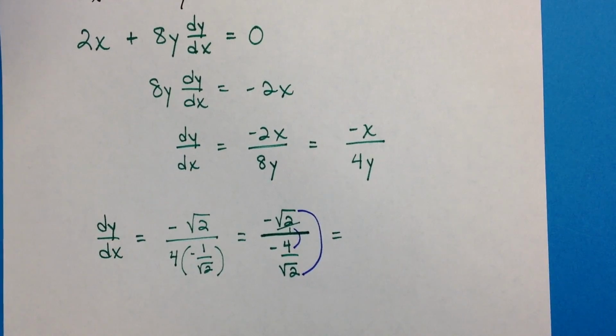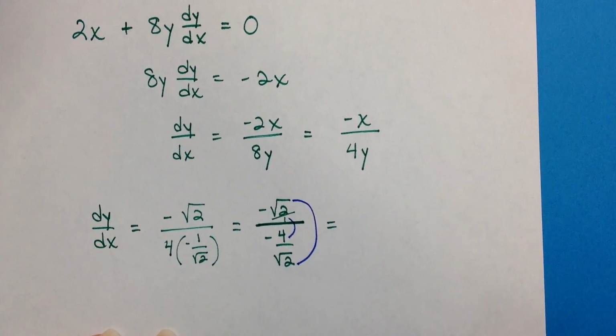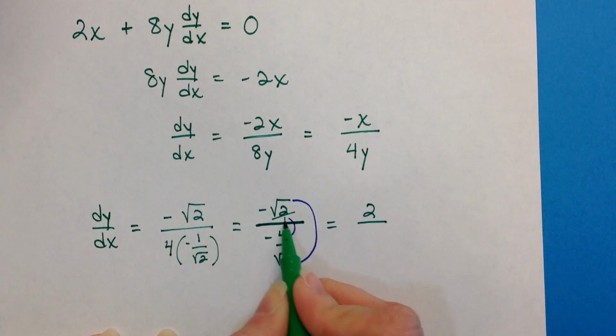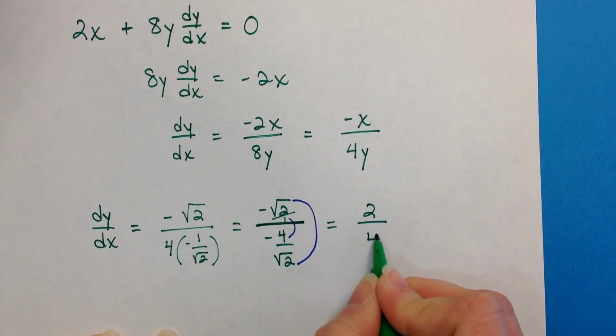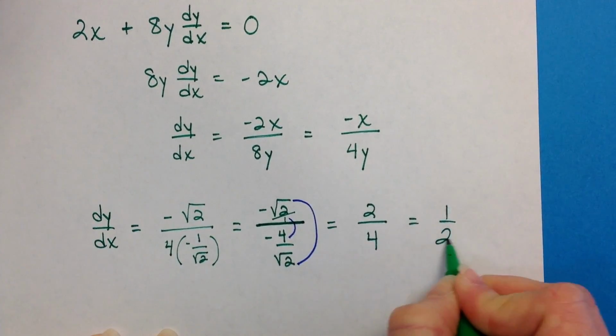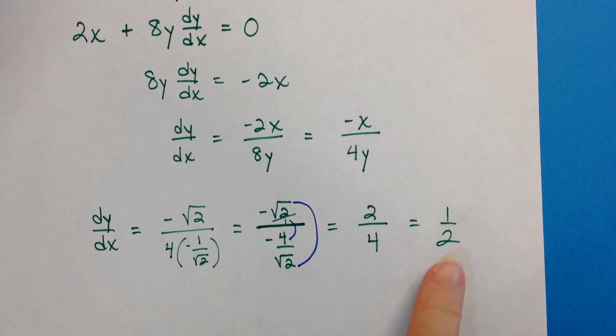We know this is going to end up being positive because I've got a negative divided by negative, so I'm not even going to worry with my negative signs anymore. So square root 2 times square root 2 is 2. 1 times 4 is 4. And therefore that reduces to be 1/2. So this would be the slope of your tangent line at that specific point that was given.